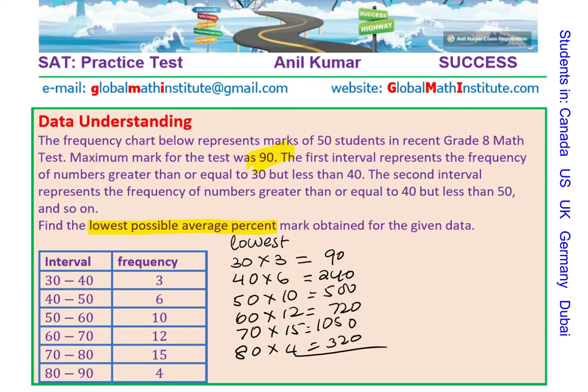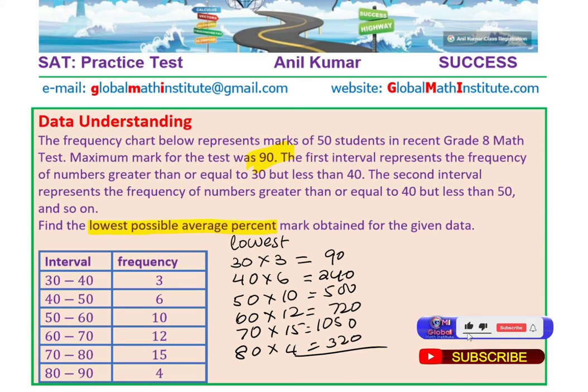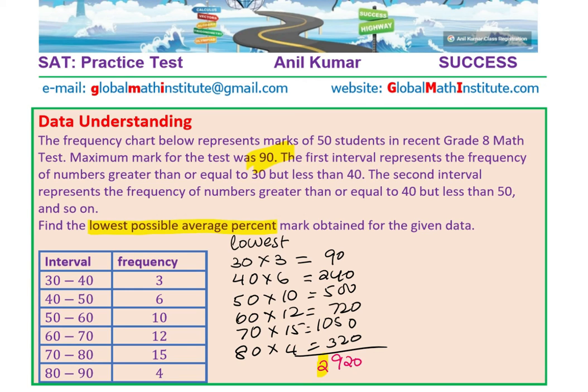So we add: 90 plus 240 plus 500 plus 720 plus 1050 plus 320, and then divide this by 50. This total is 2920.